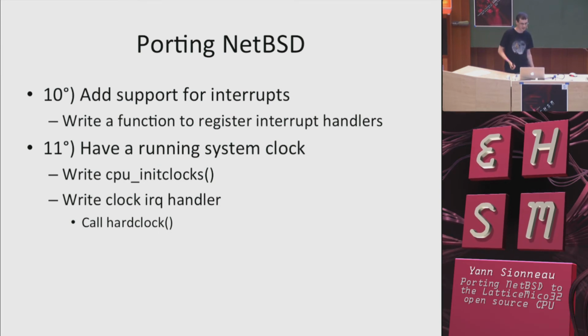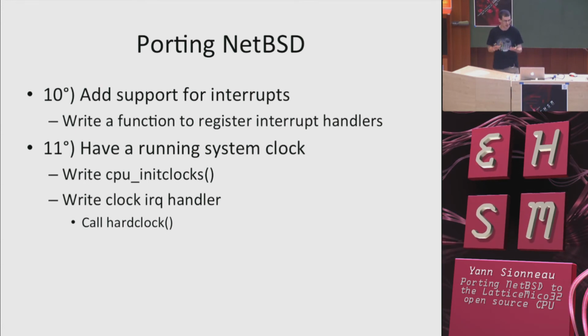And then you need to write the clock interrupt handler that is going to be called when there is a tick. And this handler needs to call hardclock. That's the machine-independent code that will increment the time of day and run the virtual and profiling time accounting for processes and schedule software interrupts, etc.